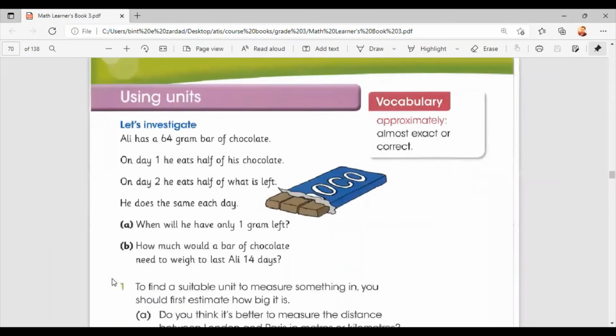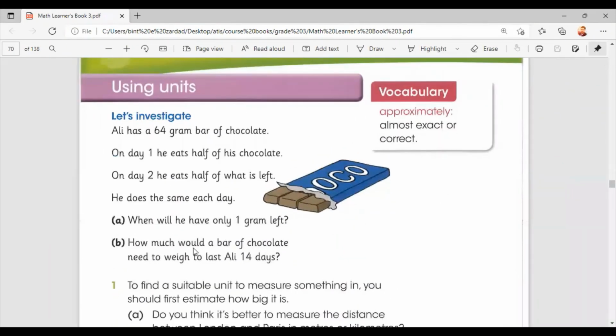Question about using units. Ali has a 64-gram bar of chocolate. On day 1 he ate half of his chocolate, and on day 2 he eats half of what is left. He does the same each day.